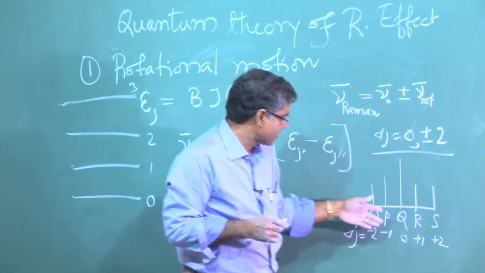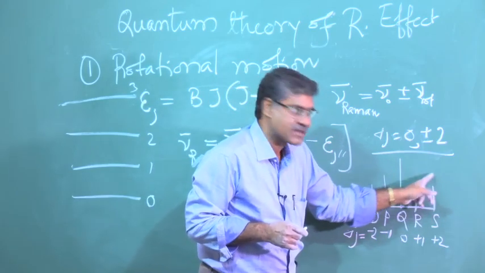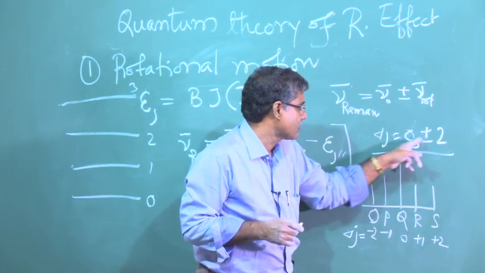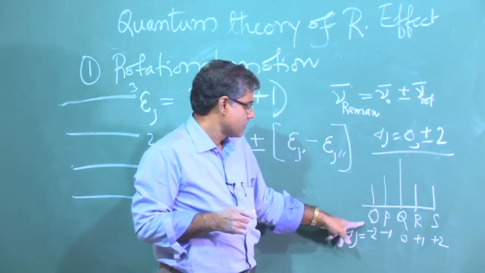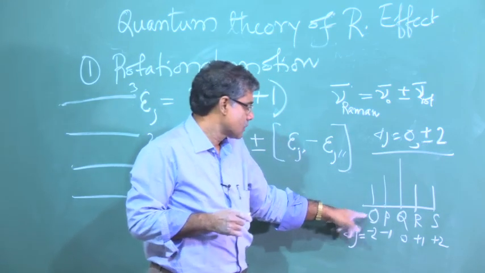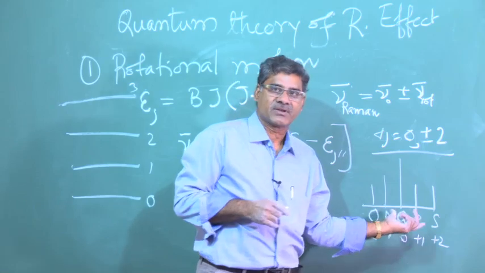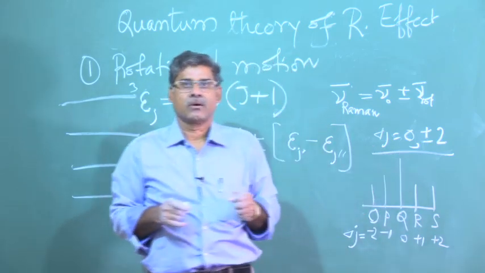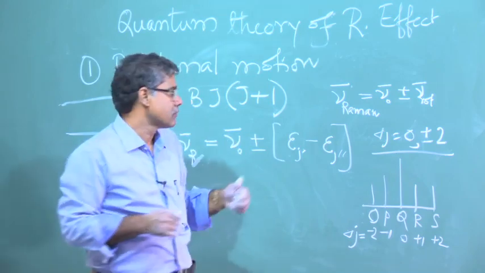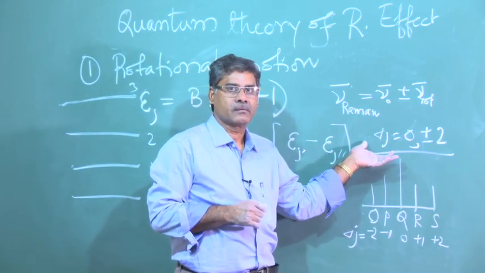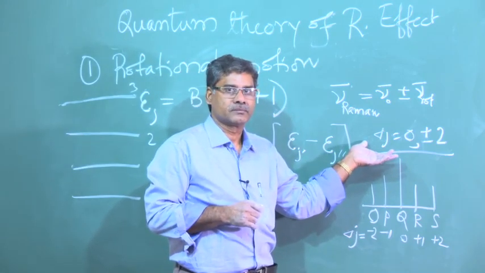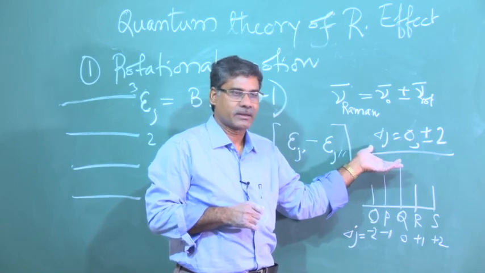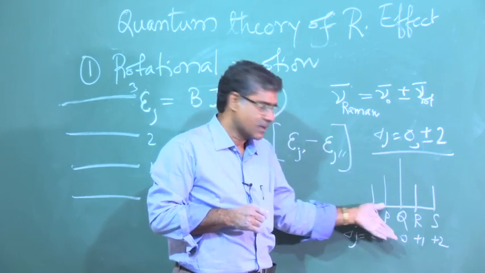Del j equal to plus 2 means you will see the S branch, and del j equal to minus 2 you will see the O branch. So, you will not see the P and R branches in this case, because plus minus 1 is not allowed in Raman scattering due to rotation.